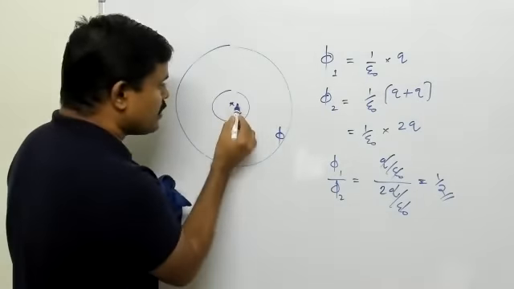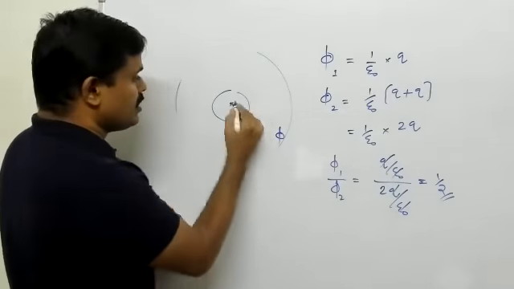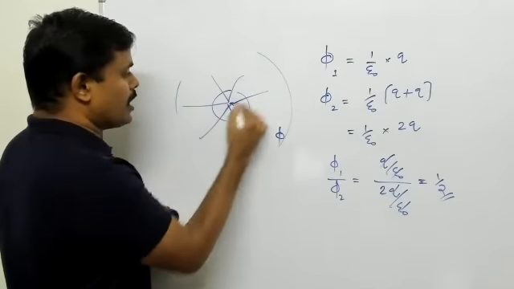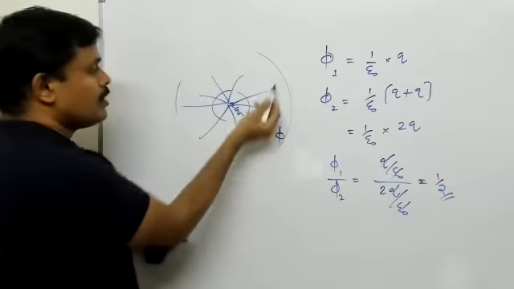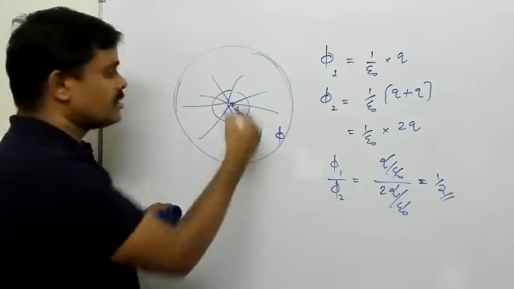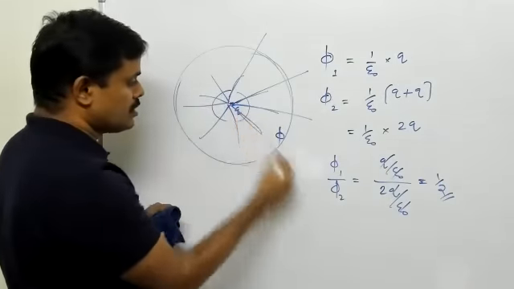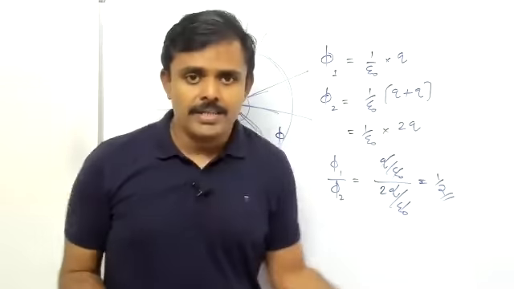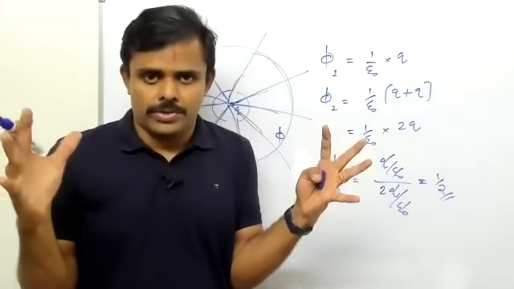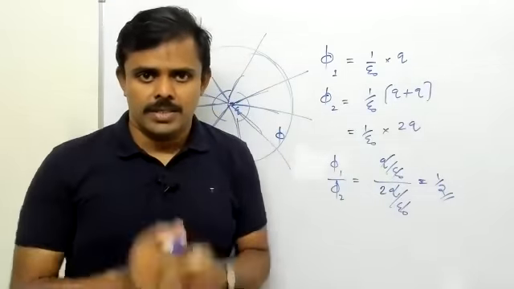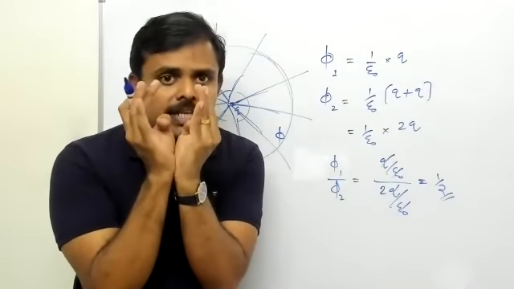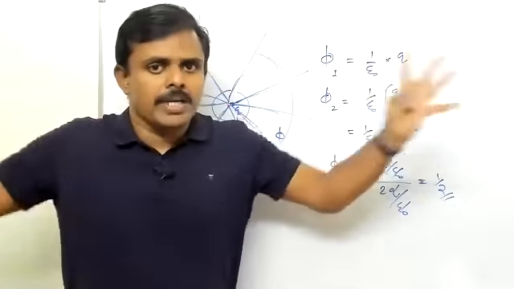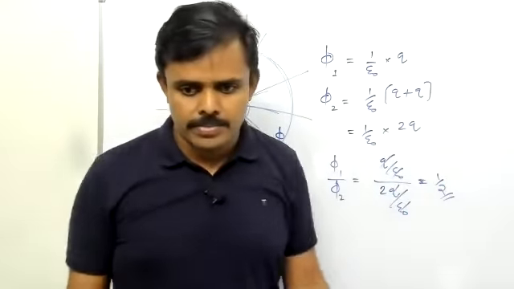Because if I take a smaller sphere, the lines coming out will remain the same even if I choose a bigger sphere. Same lines are passing through the outer sphere also. Understood? So just know that even if I increase the size of the Gaussian sphere, flux does not change. I have a small sphere inside which I have a charge q. If I make it a bigger one, the flux remains the same. Did you understand?